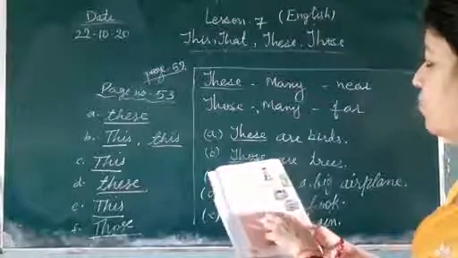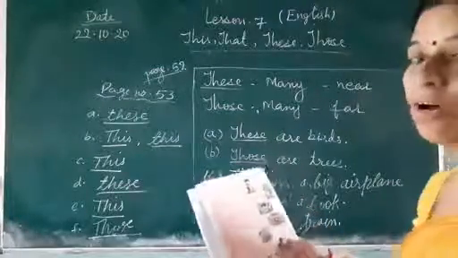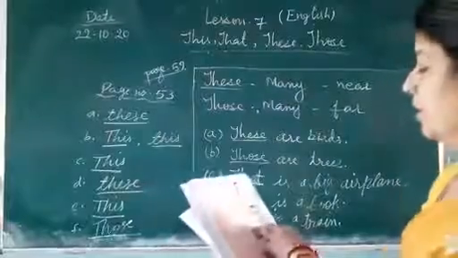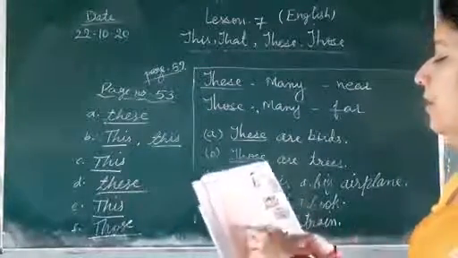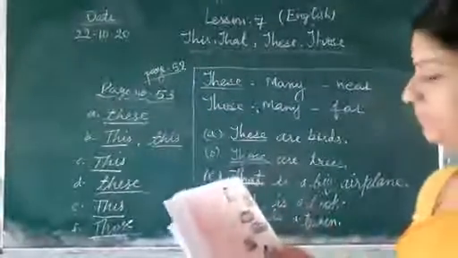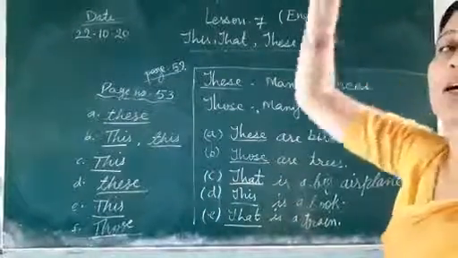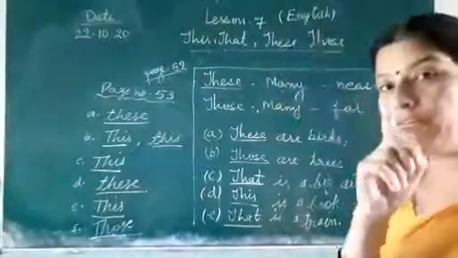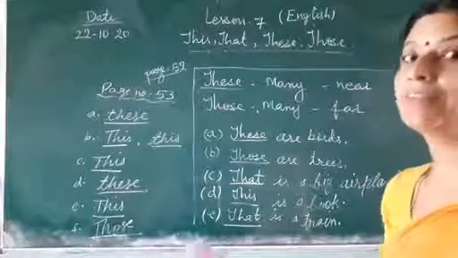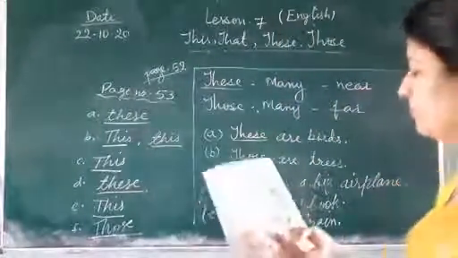Is my toy store. Toy store is near to the boy or girl? It is near to girl. This is a toy store. Is the moon. Moon is far from the girl. And moon is only one. So we write that is the moon.